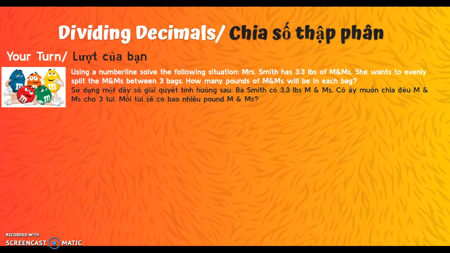So start with 0, 0 1/10, 0 2/10, 0 3/10, 0 4/10. And we need to think of how we could show on a number line 3 3/10 put into 3 bags. All right, pause your video and create your number line and come back with an answer.